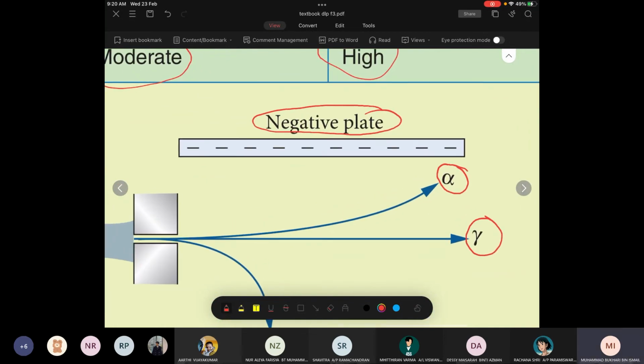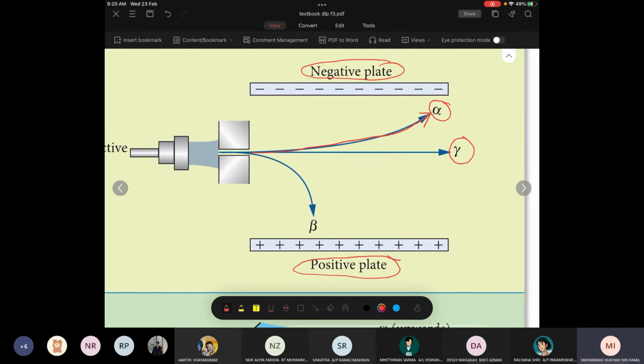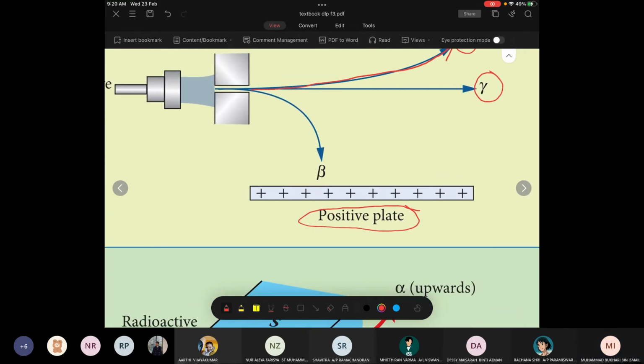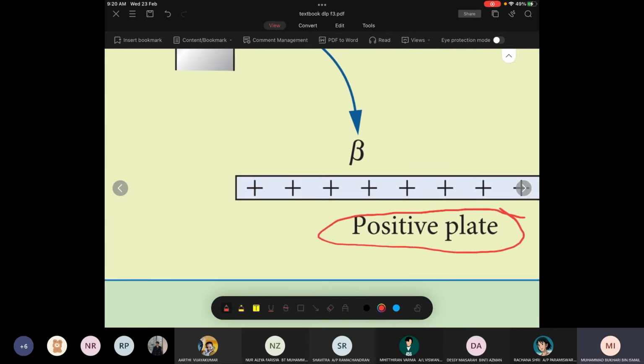You can see here alpha is deflected towards the negative plate because alpha itself is positively charged. And then the last one is beta. Beta is actually a high speed electron.